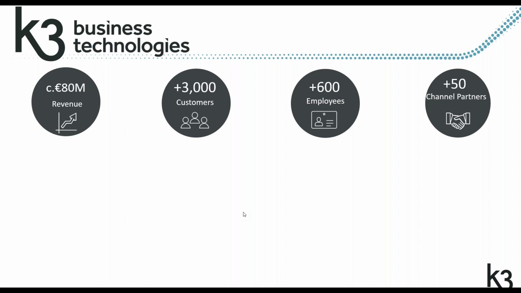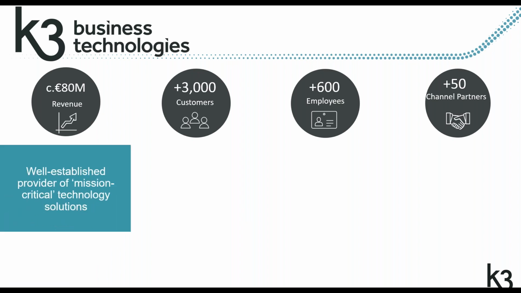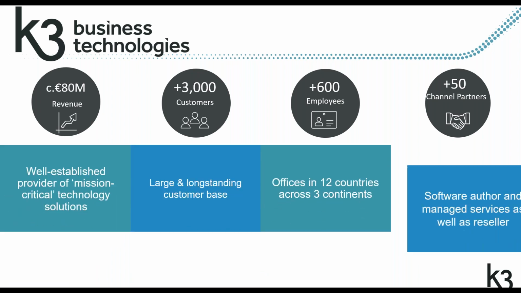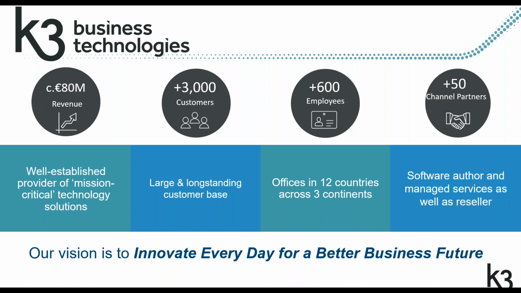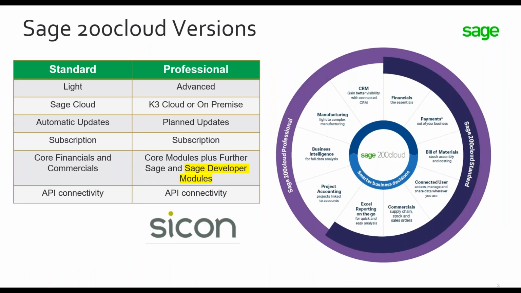The partner we're going to be focusing on today is Sicon, and as you can see here, there's some differences between the different Sage 200 versions, and everyone on the call is a Sage 200 professional user.